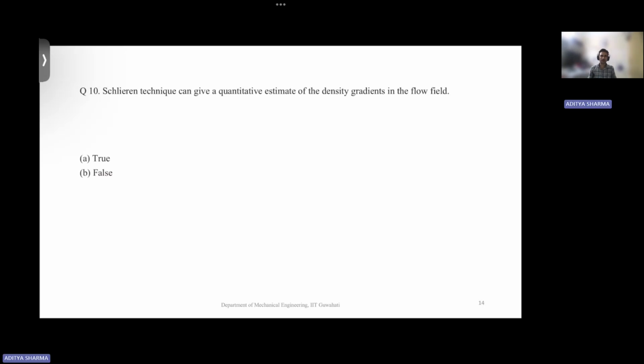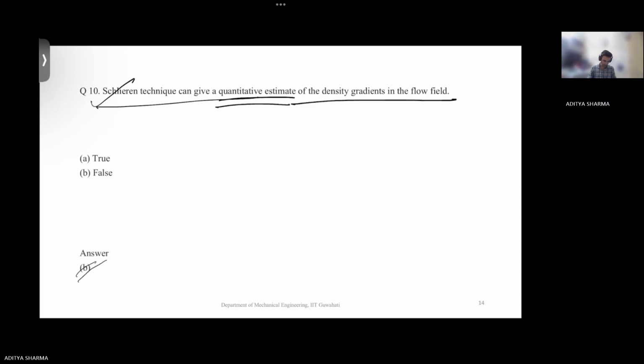So it says that Schlieren technique can give a quantitative estimate of density gradients in the flow field. So we have seen that the Schlieren technique gives your density gradients of first order, right? Though it gives qualitative data also, it can be used to give a quantitative estimate if proper calibration is done. So this should have been, I believe, a true statement, but I'll again check it if the answer is otherwise.